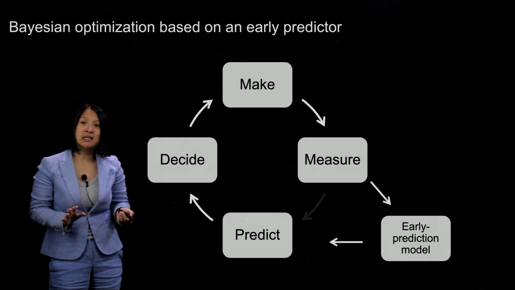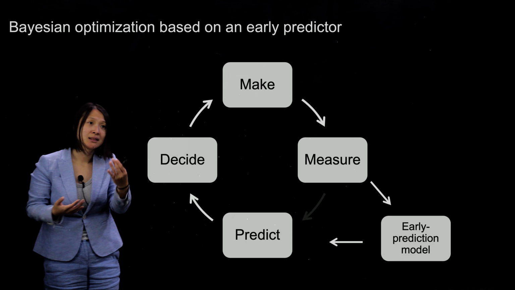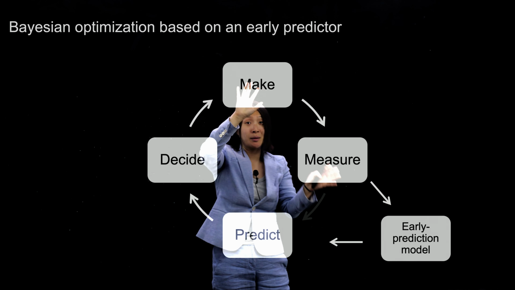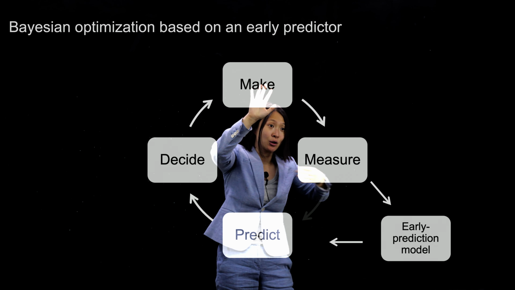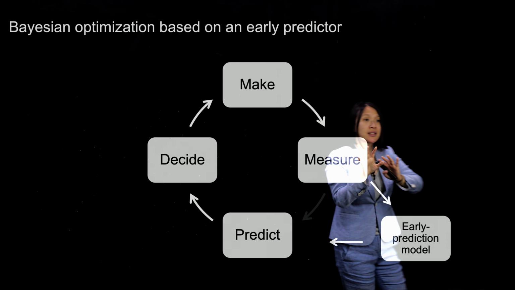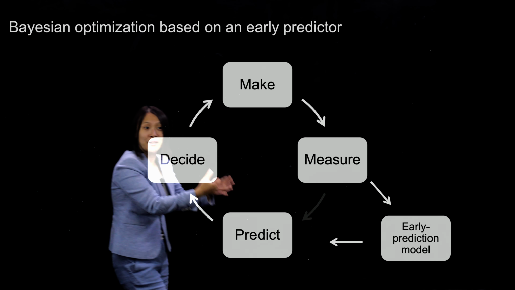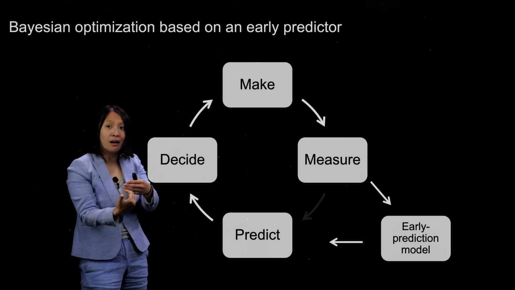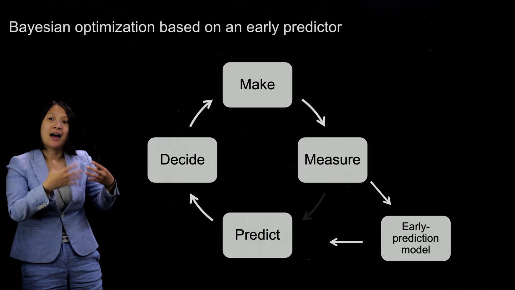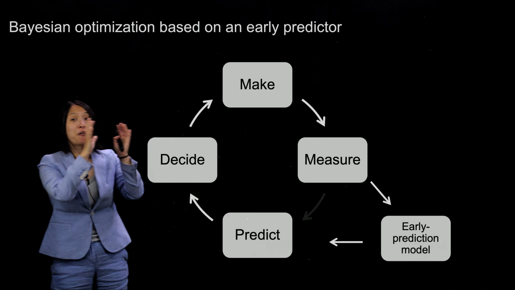So when we consider optimizing the battery charging using Bayesian optimization, we have the make, these are the battery samples, and the measure, which is supposed to be how long the battery lasts over years. So instead of the actual measure, the researchers have an early prediction model. And then we use the predicted battery lifetime as the output of our surrogate model. And then we have the decision of how do we optimize battery charging from there.